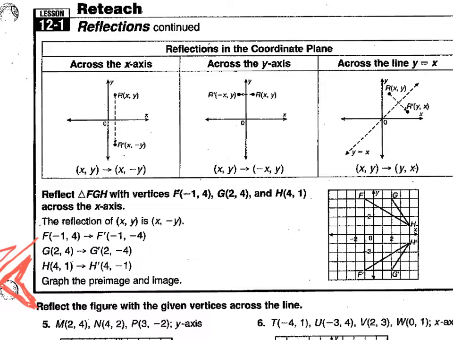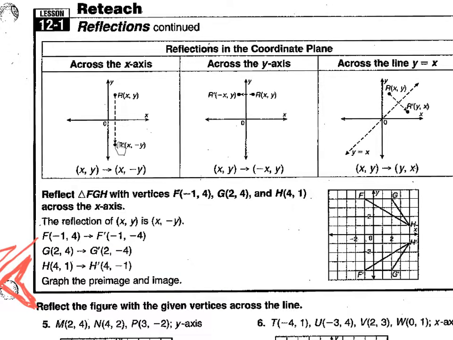So let's start with the first one, which is reflection. If you have a point, like for example here, the original point is x comma y. If you reflect it over the x-axis right here, what is changing?